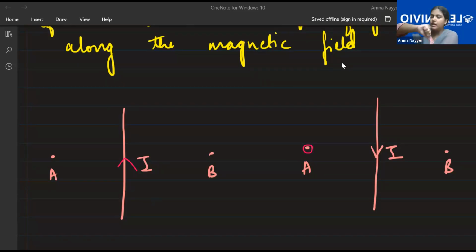Look at this A point. Yes, now it's right, Shaima. Correct. See, inwards. The thumb is pointing downwards. Point A is here. So when you curl the fingers like this, at this point the fingers are going inside. So this is inwards.